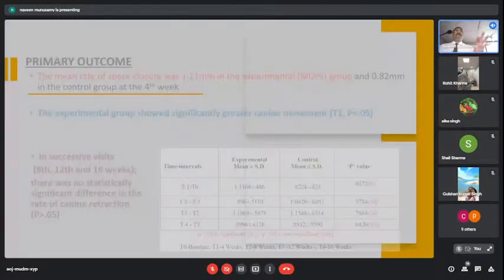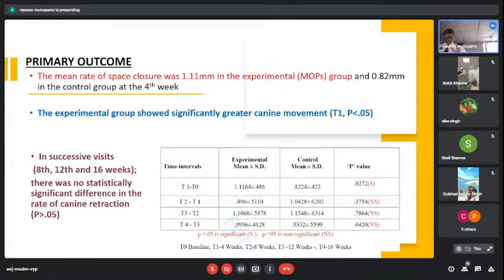So this was our result. For the primary outcome, the mean rate of space closure was significantly higher on the experimental side as compared to the control side. But after the first month there was no difference. That means the effect of the microosteoperforations was seen only for the first month. In the second, third, and fourth months, there was no effect of microosteoperforations on the rate of tooth movement.